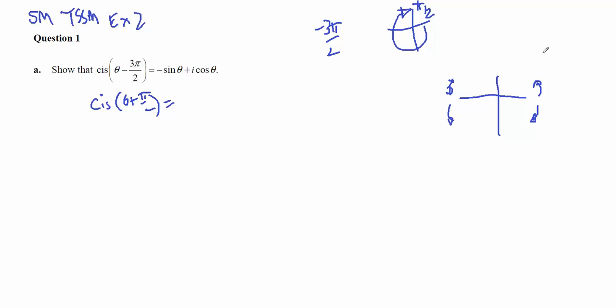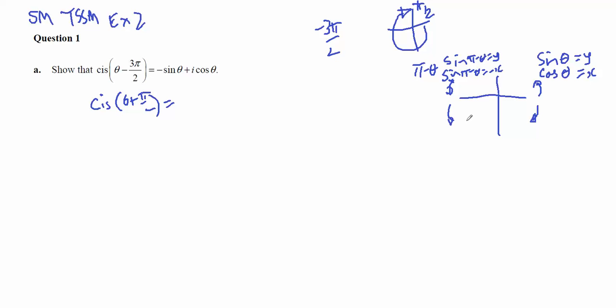And that if sine of theta equals y, and cos of theta equals x in the first quadrant, then in the second quadrant, where it's pi minus theta, sine of pi minus theta equals y, and cos of pi minus theta equals minus x.